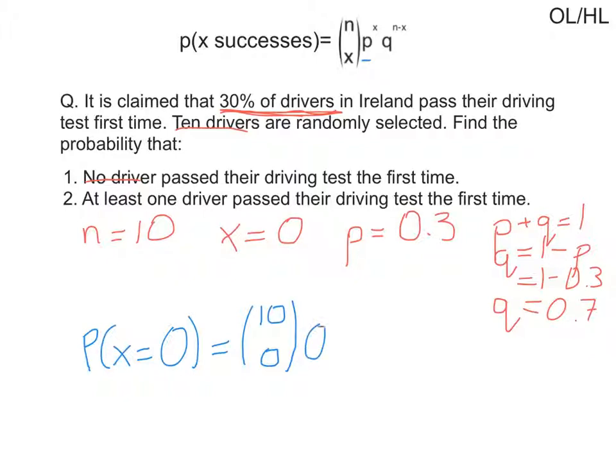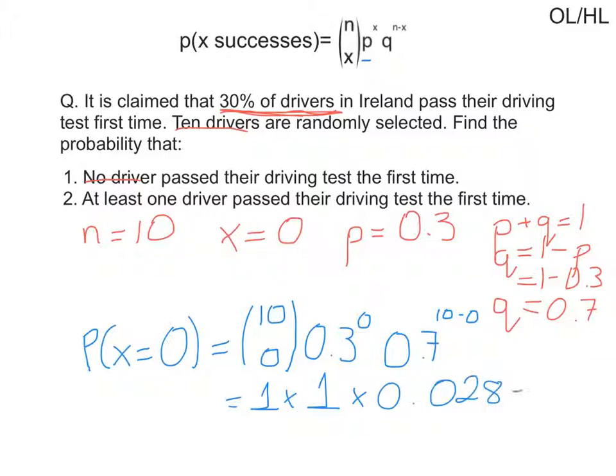So our p is equal to 0.3 and our x is 0. q is equal to 0.7 and n minus x, so it's 10 minus 0. 10 choose 0 is 1, and we multiply this by 0.3 raised to the power of 0. Anything raised to the power of 0 is 1, and then it's multiplied by 0.7 raised to the power of 10, and this is 0.028. So our answer is 0.028.